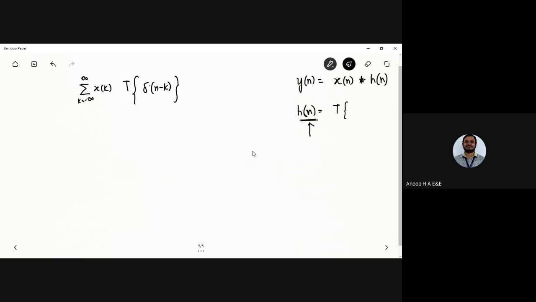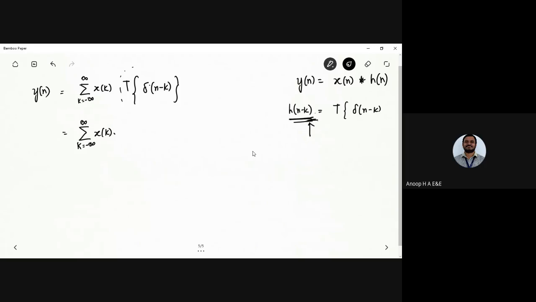Generally I'll be calling it T of delta of n minus k, so let me make a slight change here: that is h of n minus k. So you are going to have y of n equal to sigma k equals minus infinity to plus infinity x of k.